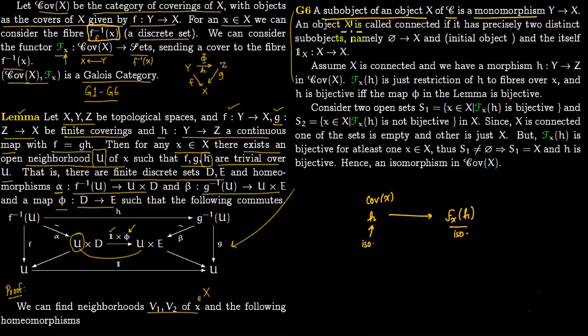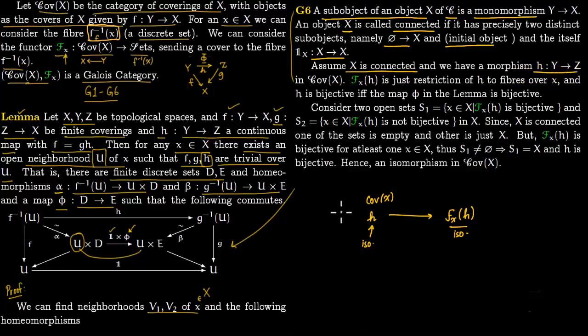This object x is called connected if it has precisely two distinct sub-objects, the null set, which is the initial object, as well as the object itself. This definition, as you can see, is motivated by the definition of connected sets in topology, and this is just rephrasing it in terms of category theory.